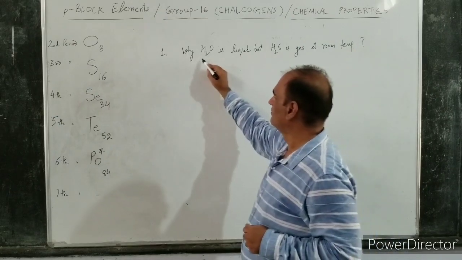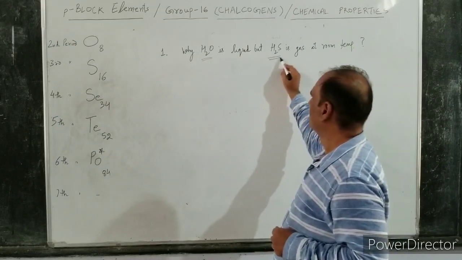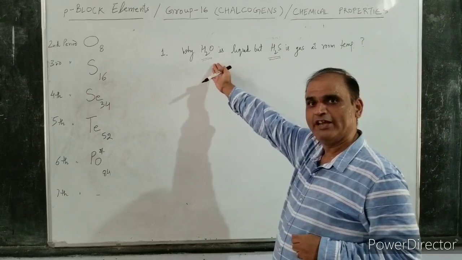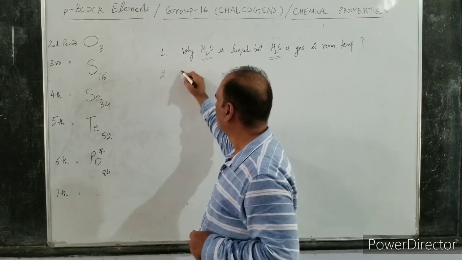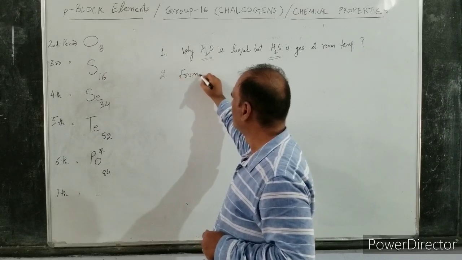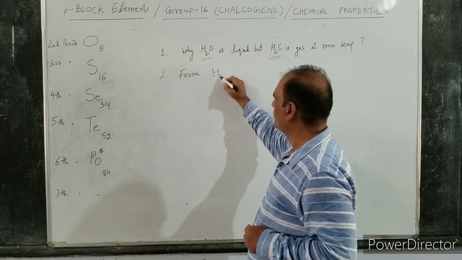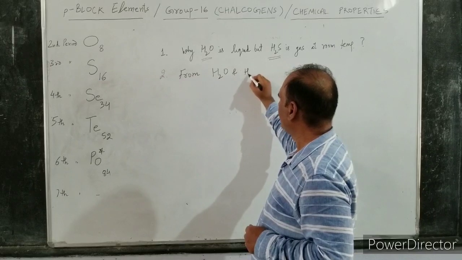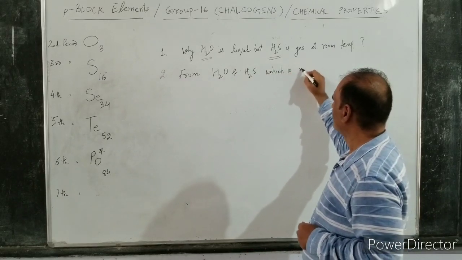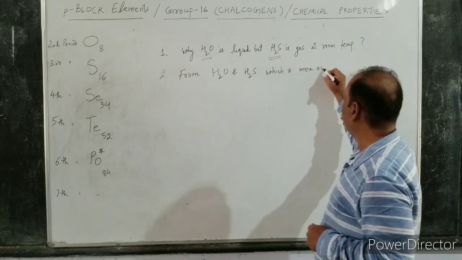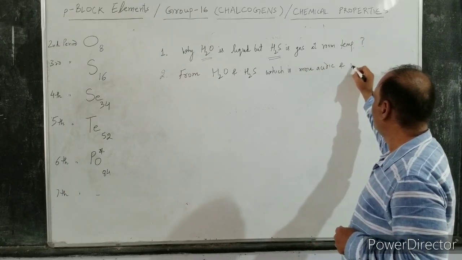Can you answer? It will be having H bonds, you know. Then from H2O and H2S, which is more acidic and why?